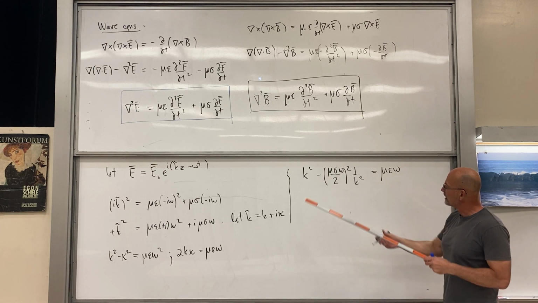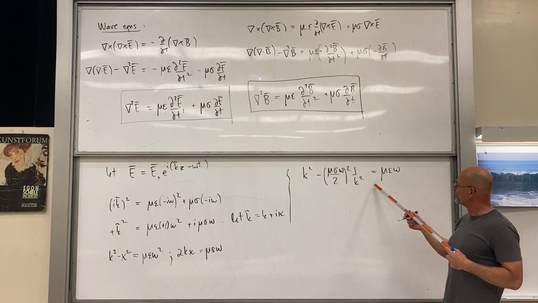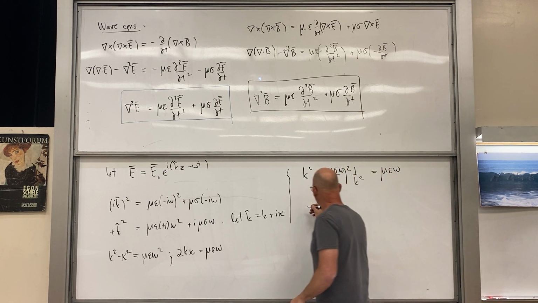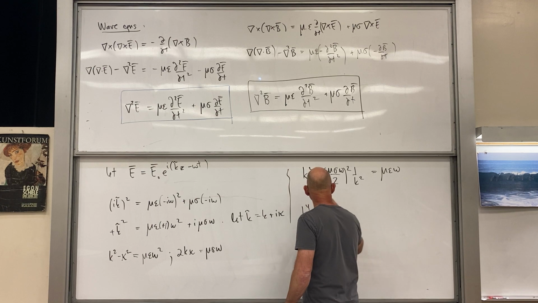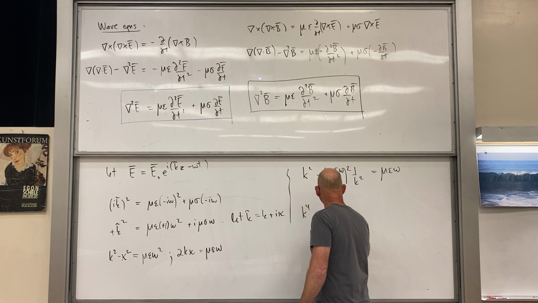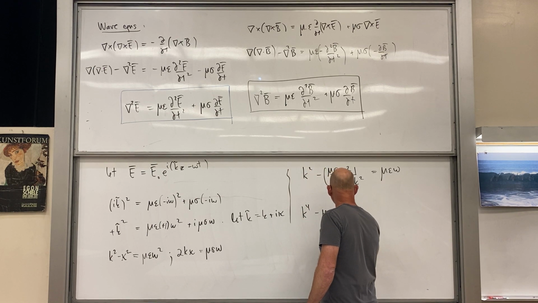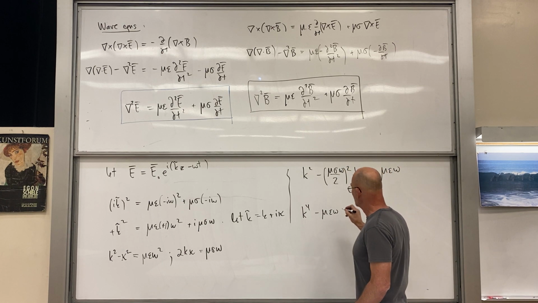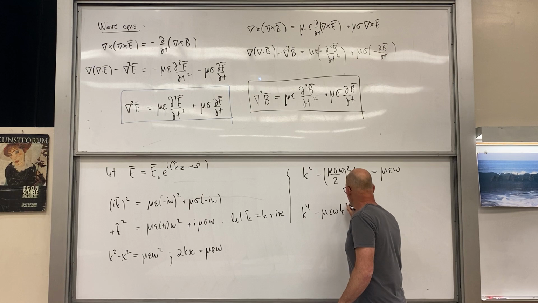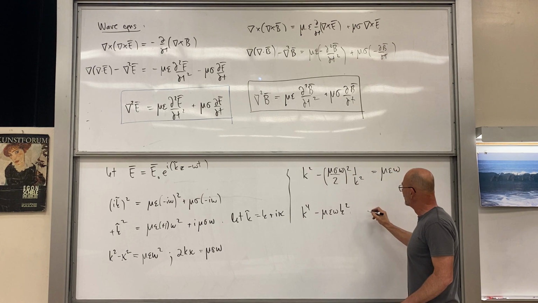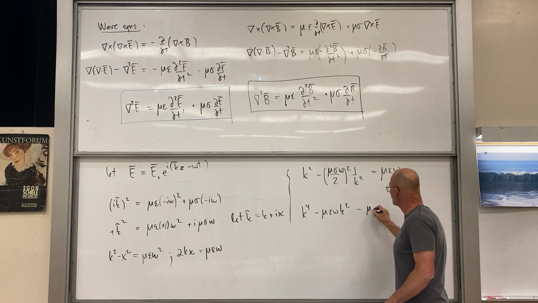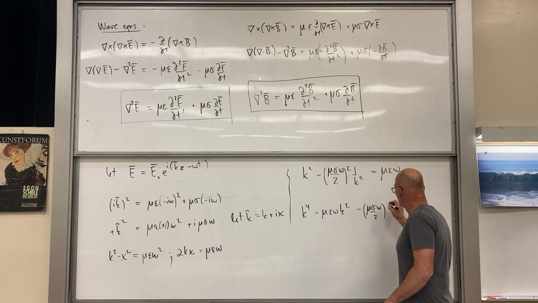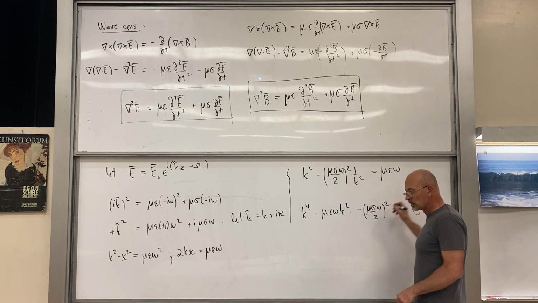And what we do is multiply through by k squared and bring this to the left side. Let's see what we get. k to the 4th minus mu epsilon omega squared k squared minus the quantity mu sigma omega over 2, squared, equals 0.